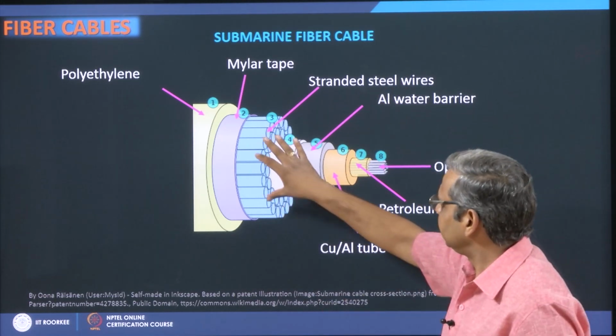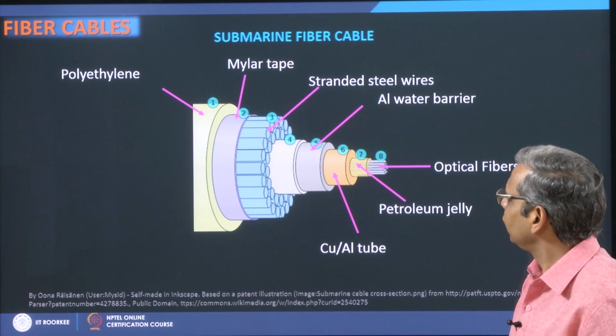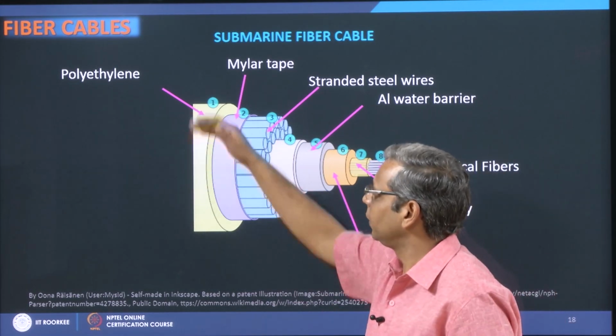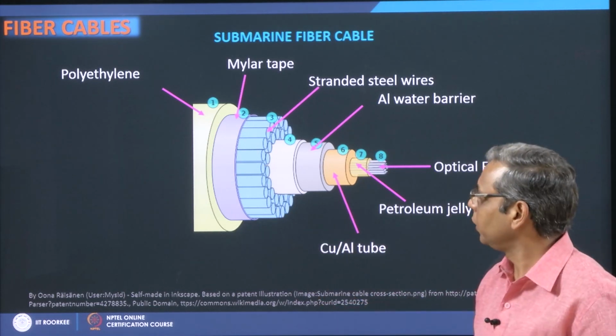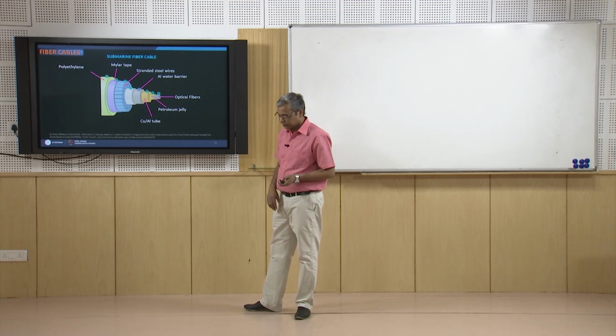So these are used as reinforcing elements. Then you have mylar tape, and then ultimately they are housed in a polythene jacket. So, this is a typical submarine fiber cable.